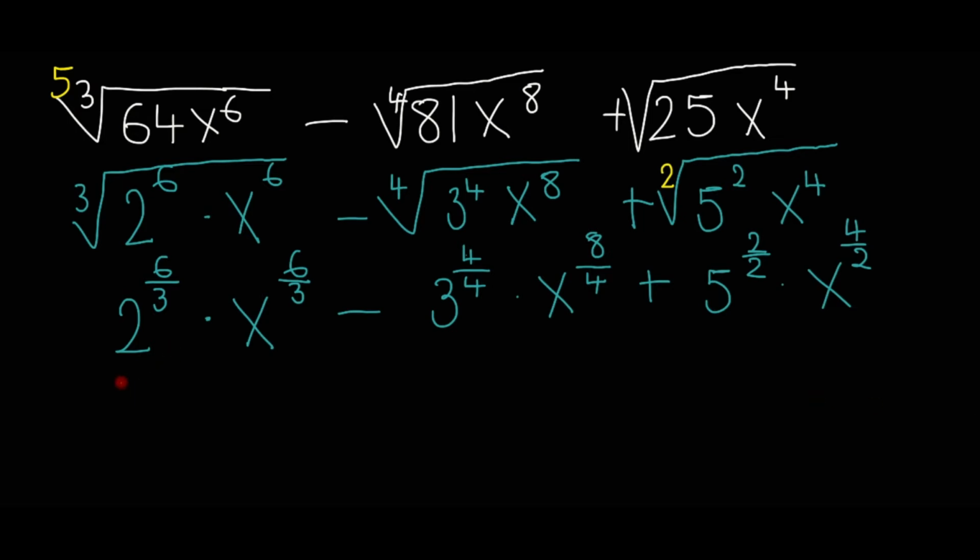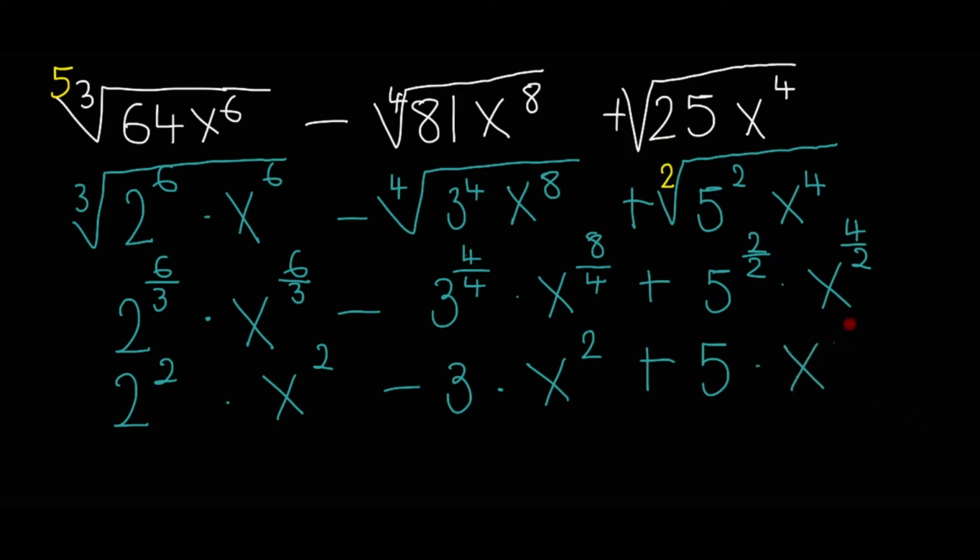And then from there I have 2 to the power 2 because 6 divided by 3, and then this is x to the power 2 again, and then minus 3 because when I say 4 divided by 4 is 1, so there's no need to write 1, and then this is x to the power 2 which is 8 divided by 4, and then this is just 5 because 2 divided by 2, and then times x squared because 4 divided by 2.